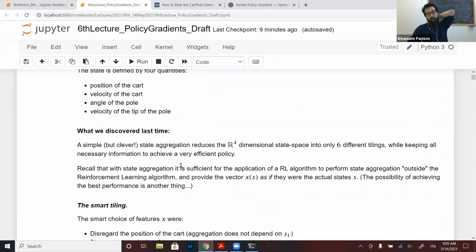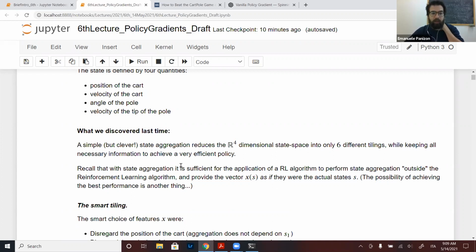Last time, if you remember, we discovered a few things. We discovered that there was a simple but rather intelligent state aggregation, which just said that instead of having to deal with R to the 4 state, we just needed 6 different regions. So if we take a state and we reduce it to 6 different aggregated states, then we had all information necessary to achieve an almost optimal policy.